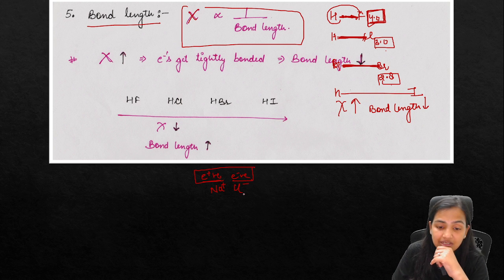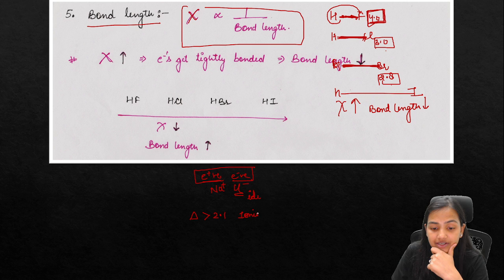This is the reason whenever you have an electronegative species, you have to put ide. If the electronegativity difference is greater than 2.1, then only a molecule is said to be ionic, and if the difference is less than 2.1, it is said to be covalent, and if it is equal to 2.1, it could be anything.